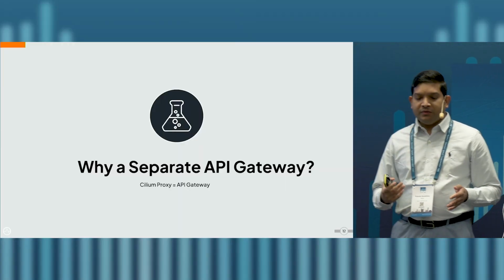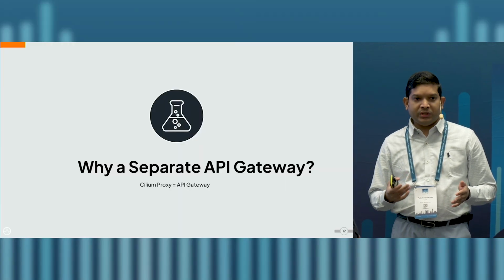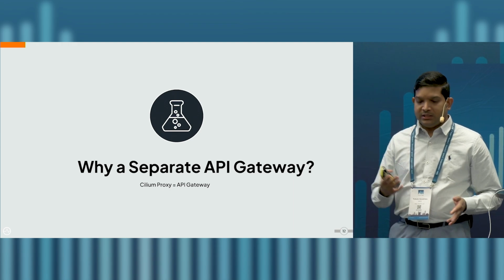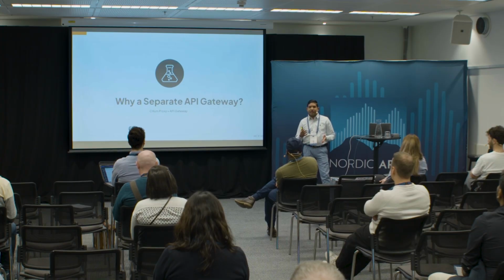So then we asked ourselves the question whether we really need to have an API gateway inside the Cilium architecture. What if we could incorporate these gateway functions in the Cilium proxy itself? In our case, our gateway is built on top of Envoy proxy, and Cilium is also leveraging Envoy proxy as the Cilium proxy.